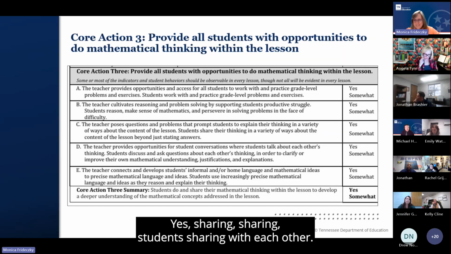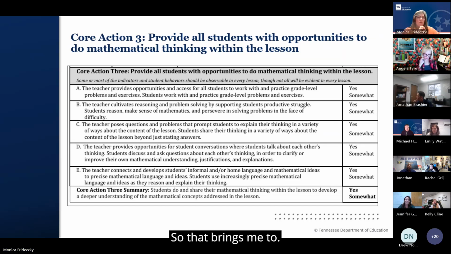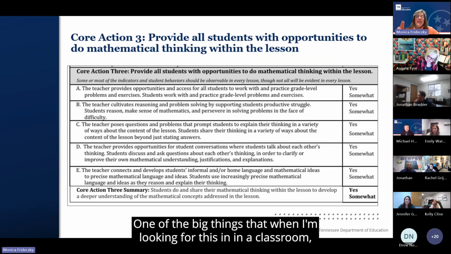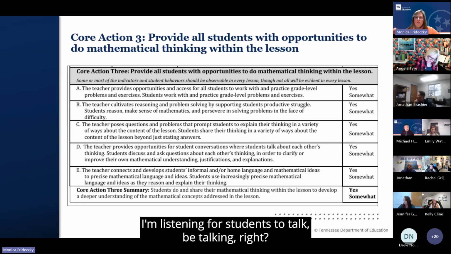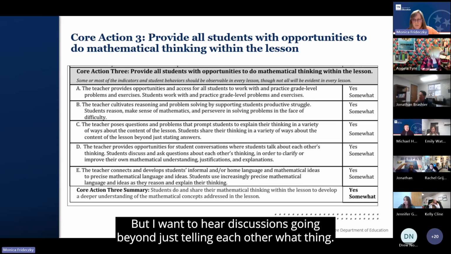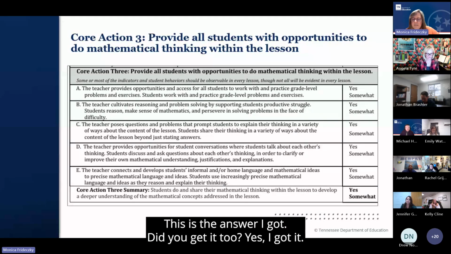So that brings me to one of the big things that when I'm looking for this in a classroom, I'm listening for students to be talking, right? But I want to hear discussions going beyond just telling each other, this is the answer I got. Did you get it too? Yes, I got it.